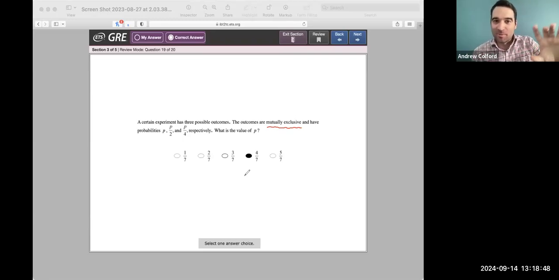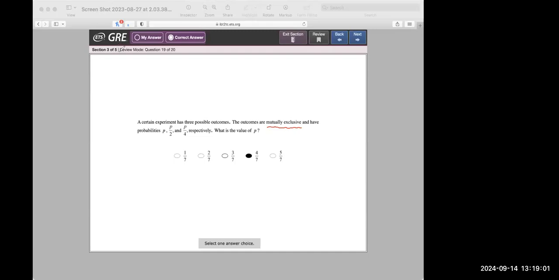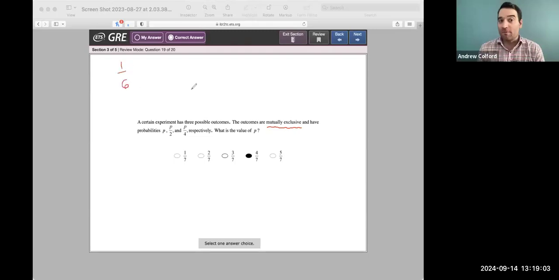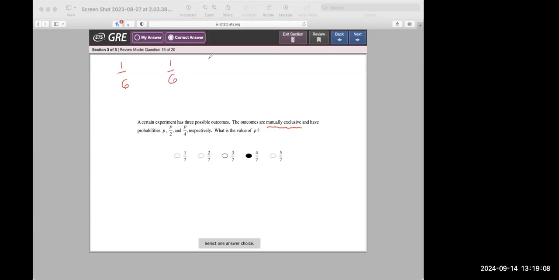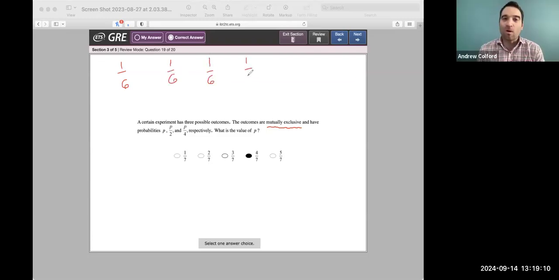Now let's apply this to the world of probability. I'll run through a series of questions. Jania, what's the probability of rolling a 1 on a fair 6-sided die? 1 in 6. What's the probability of rolling a 2? 1 in 6. A 3, 1 in 6, a 4, 1 in 6, a 5, 1 in 6, and a 6, 1 in 6. These are the only possible outcomes for rolling a die.